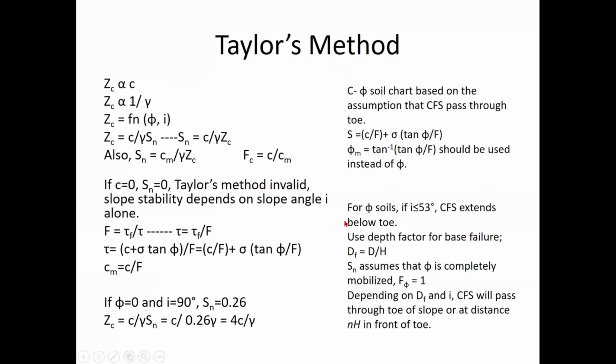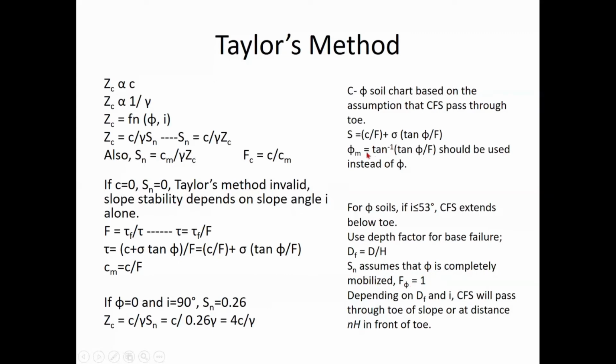All right. Now, for phi soils, i is less than or equal to 53 degrees. You assume that the critical failure surface extends below the toe, as I showed you in the previous figure, if it is a purely cohesive soil. In that case, you use a depth factor, and you assume that phi is completely mobilized.